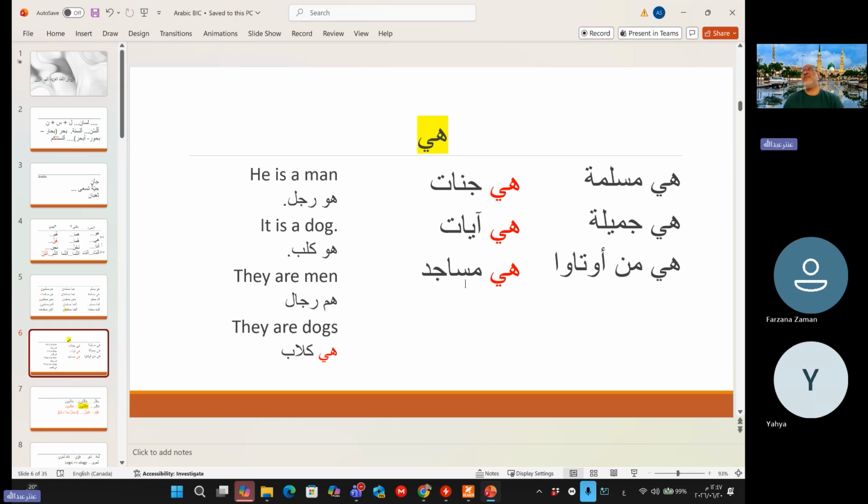So in all cases, if it is not human, even if it is malaika, angels, they are not humans. We use hiya: hiya malaika. And with jinn we say hiya jinn, hiya shayateen, because they are all non-human. Even if they have spirit, they are still non-human.